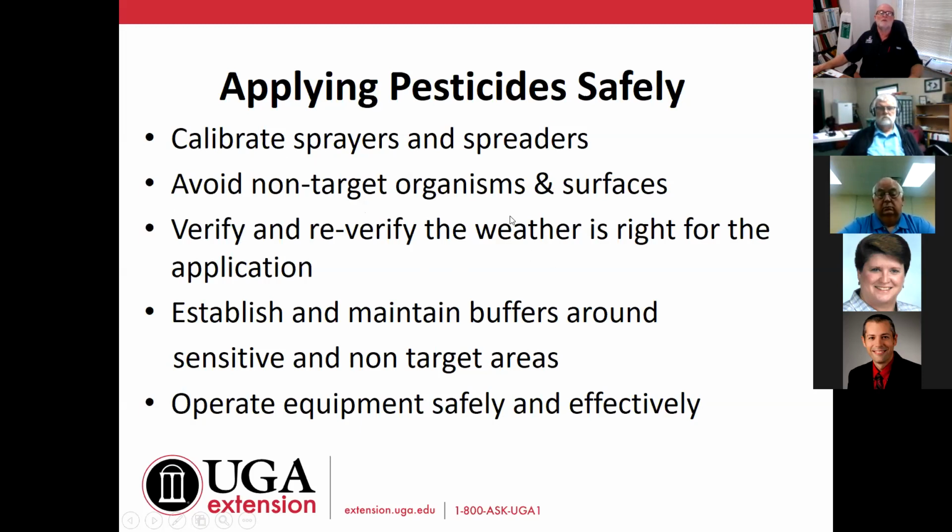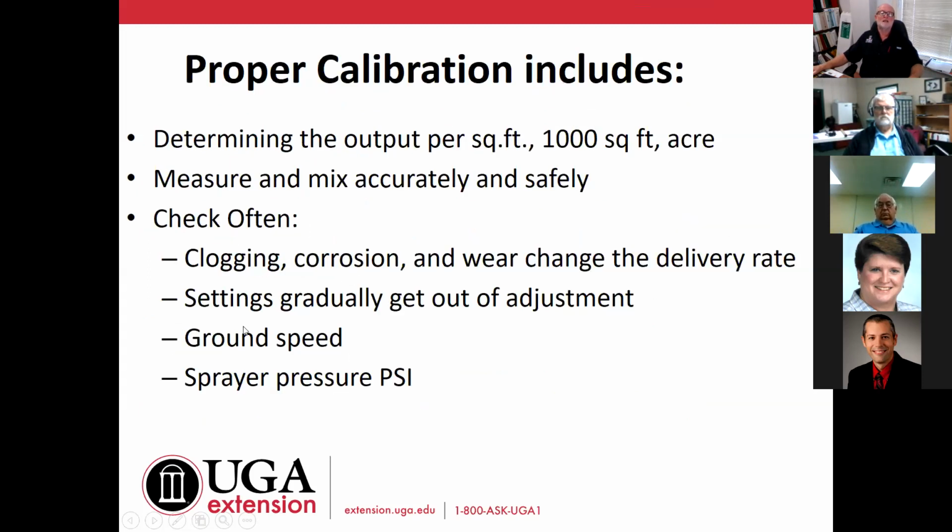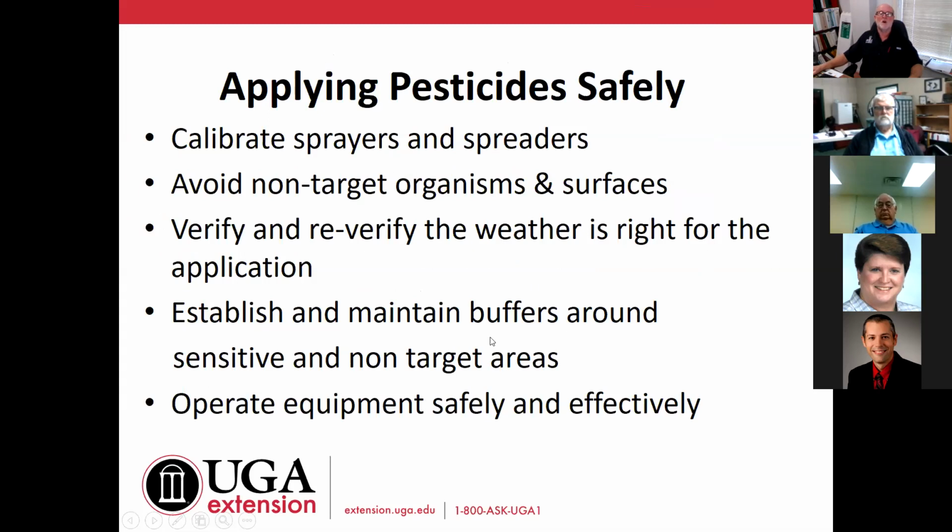Think about the weather before that application. Check it and re-verify it to make sure it's right and gonna be right post-application for you to make that timely application. Establish buffers around that targeted area and maintain those buffers around those sensitive non-target areas. And always operate that equipment safely and effectively.